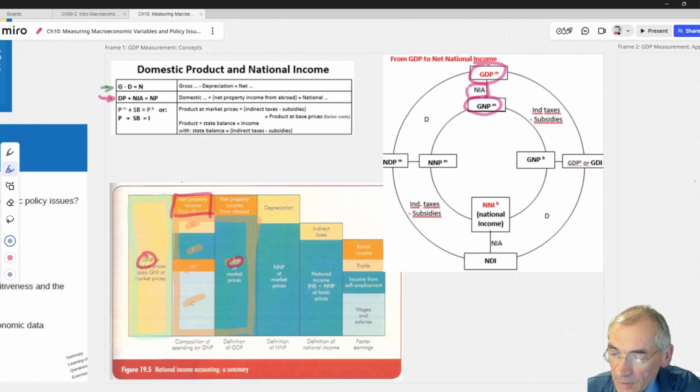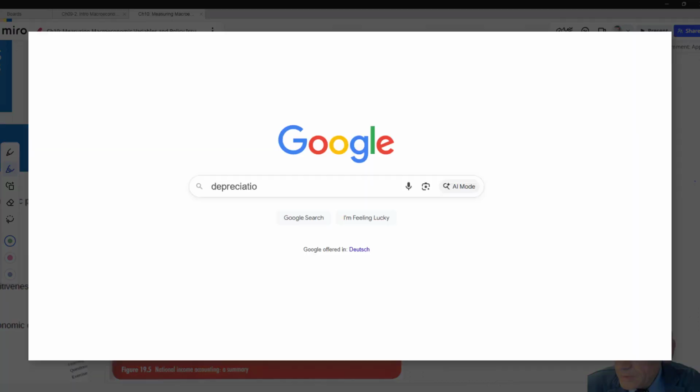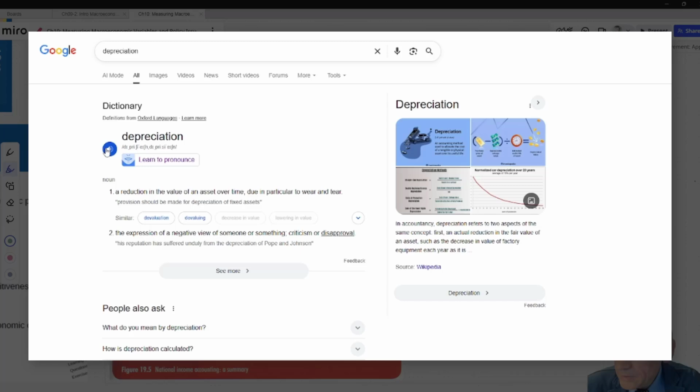The first formula says a gross product minus depreciation is the net product, and this is what we have here as a definition. Gross minus depreciation is net. You can check the definition of depreciation. Another word is capital consumption. So when a machine or any production factor is used over time, it will lose its value, and at some time it will not be possible to produce anything with this, and it's what we call depreciation.